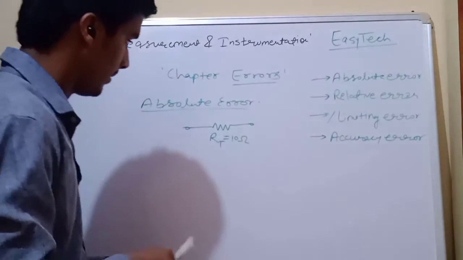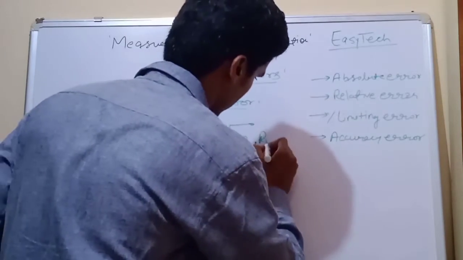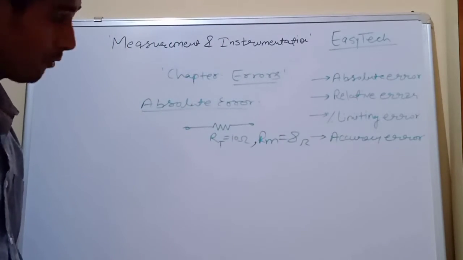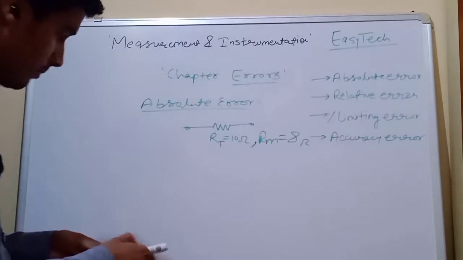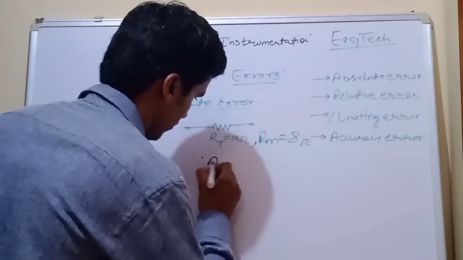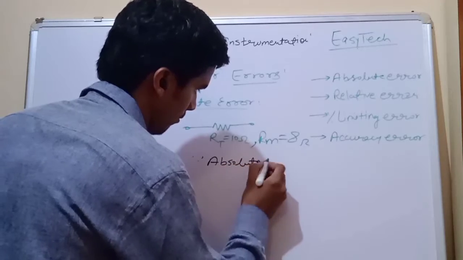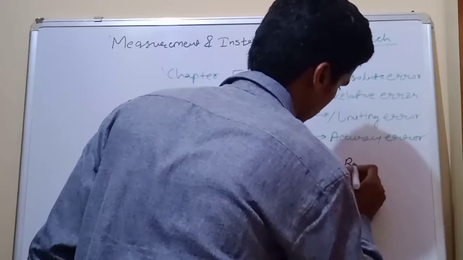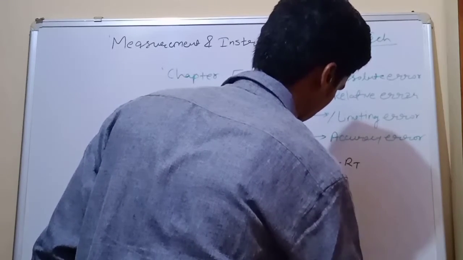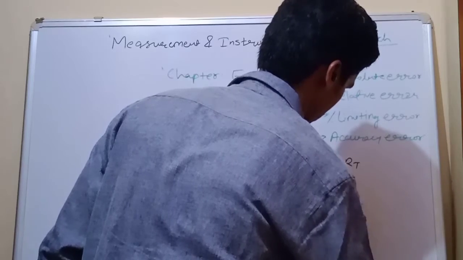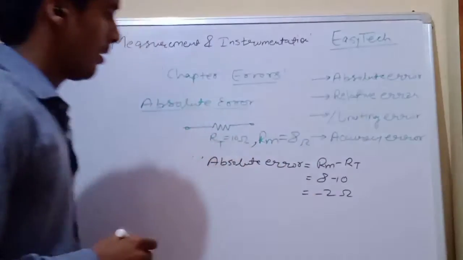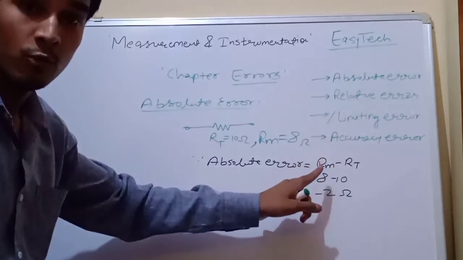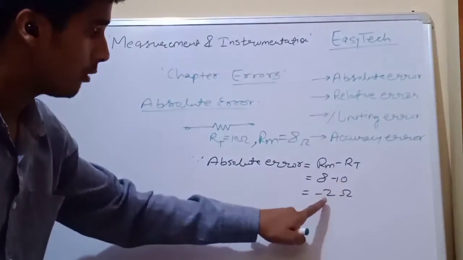Like, the measured value is equivalent to 8 ohm. So what is the difference between the measured value and the true value? Absolute error is just Rm minus Rt, that means measured value minus true value. 8 minus 10 is equal to minus 2 ohm.